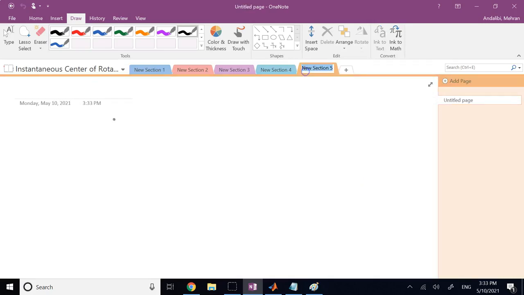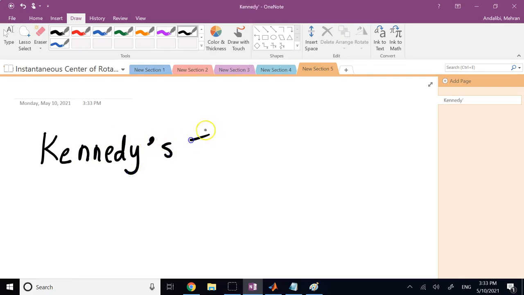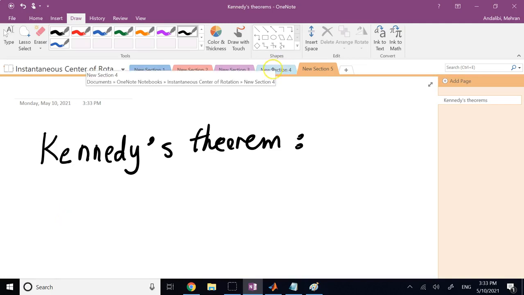So let me write it for you, and that is called Kennedy's theorem. Okay, and let me spell it right. It's two N's. So Kennedy's theorem says that, it's not a part of Kennedy's theorem, but if you have any two rigid bodies with planar motion, they have a relative instantaneous center.